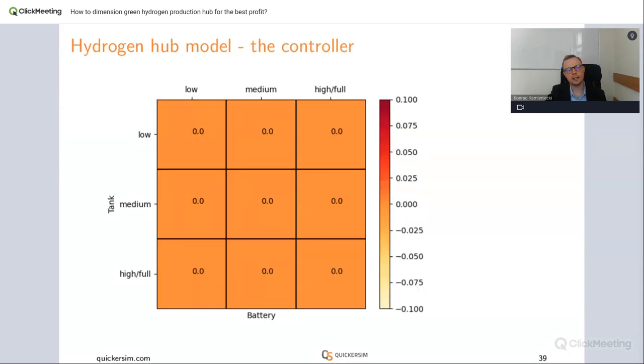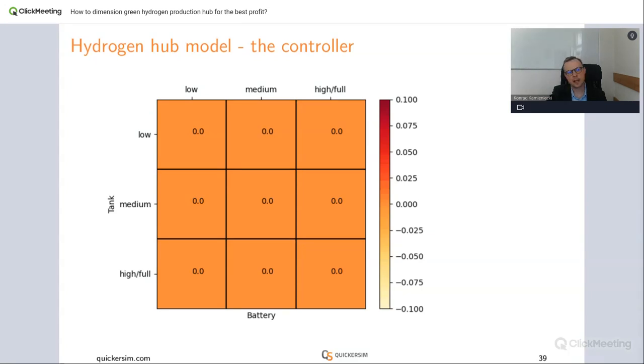And let's add also a controller to this installation. The controller is pretty simple right now, but I think it may be useful. The controller monitors the state of the battery. So here we have the battery, and the battery can be in low state, so it is almost discharged, in medium state, and in high state. This means that the battery is charged. And we have also the tank, which can be also discharged, in medium state and in high state.